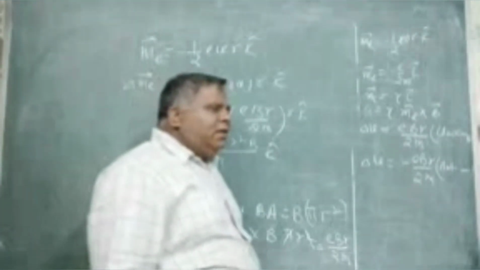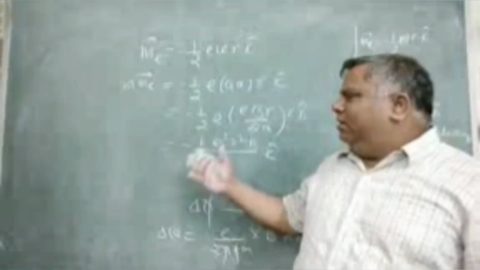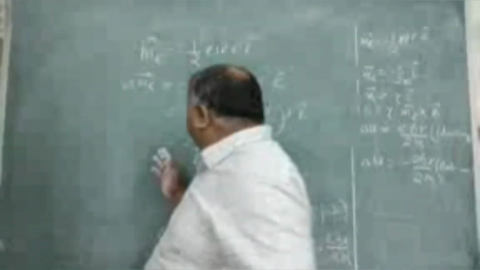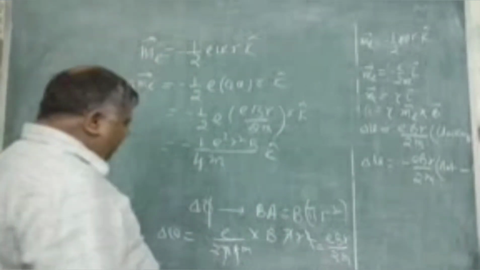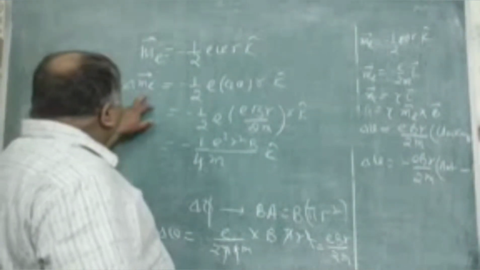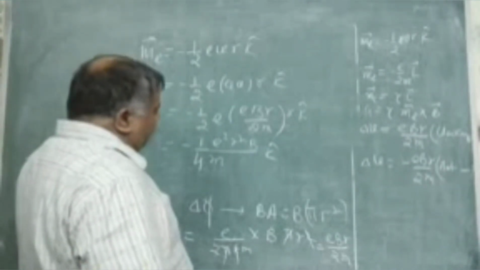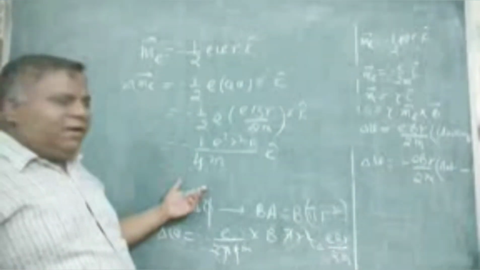When we place an atom, that is a diamagnetic atom, in a magnetic field, there is a change in magnetic moment of an electron, and this is given by this.